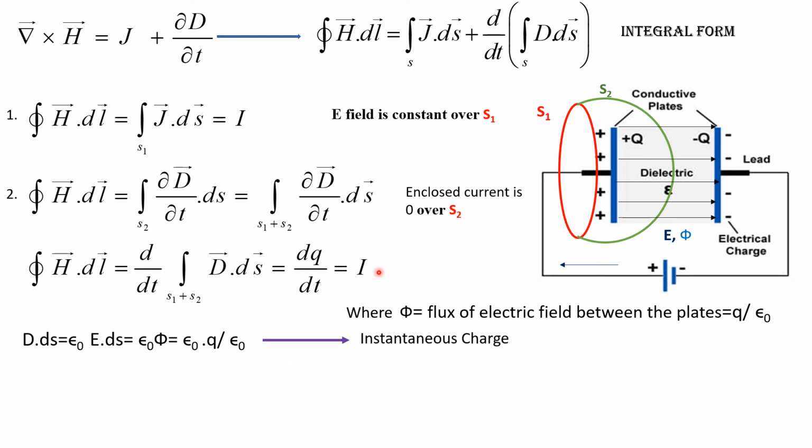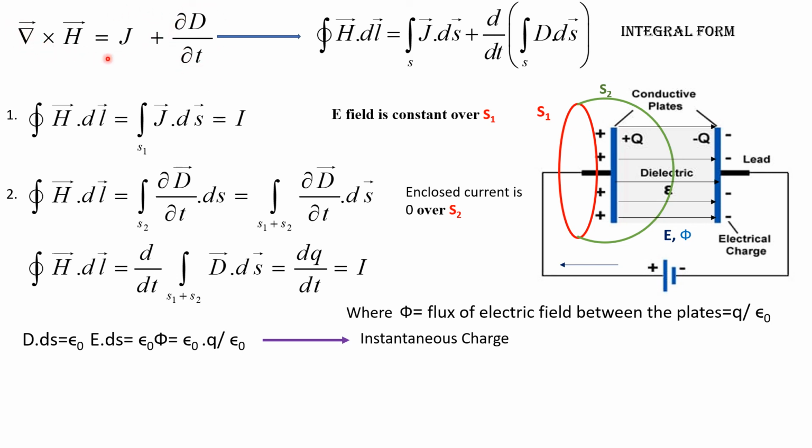So what we can see is that Q is the instantaneous charge at a moment, and that charge is accumulating on the plates of the capacitor. So we can see very easily how Maxwell modified Ampere's law with the introduction of a new term only. This is only Maxwell's contribution; the rest is Ampere's law.